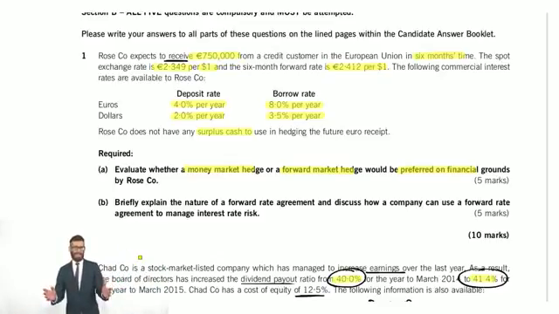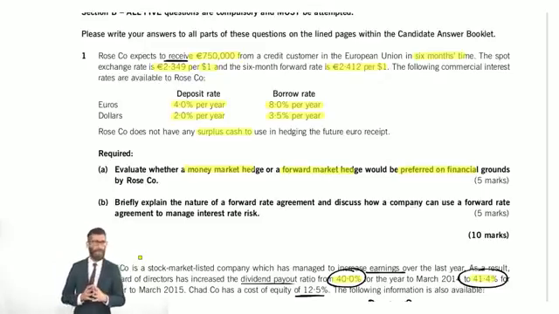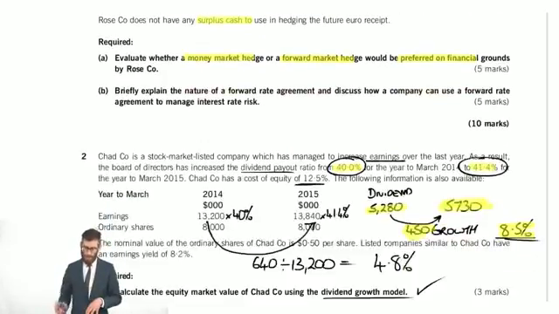Exam technique: read the question. Many people did this exam and saw this was foreign exchange. They calculated the money market hedge and a forward market hedge, which is also known as a forward exchange contract. And then they got to part B and read: briefly explain the nature of a forward.